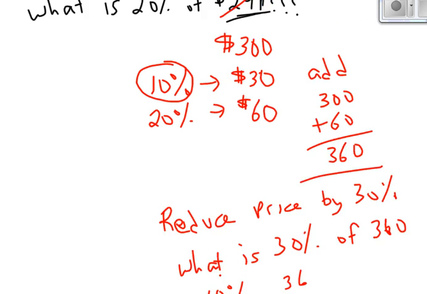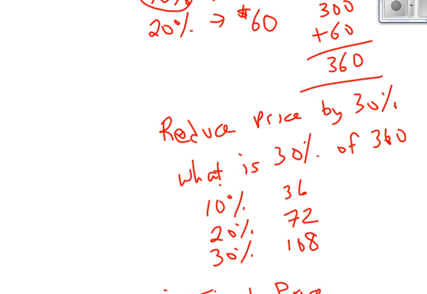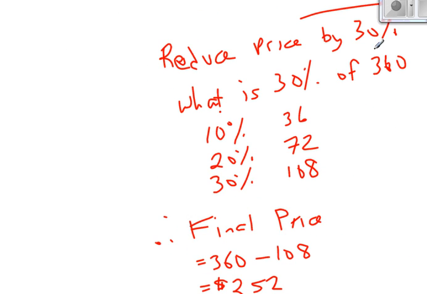That gave me a new price of $360. Then I wanted to reduce the price by 30%. 10% of 360 is 36. Add 36 and I have 20%. Add another 36 and I have 30%. So this is the discount amount, and the final price is the difference, 252. That is absolutely a fine way of doing percent.